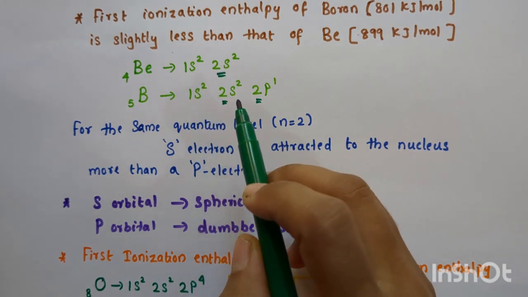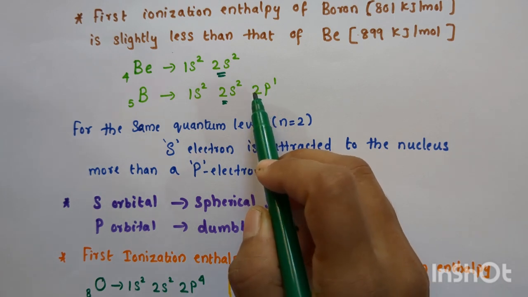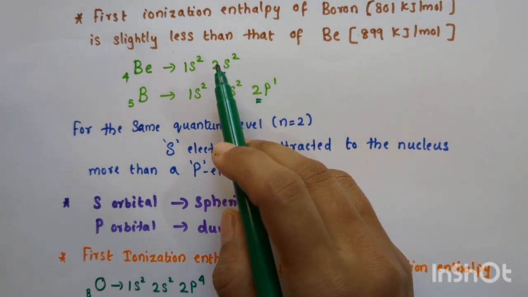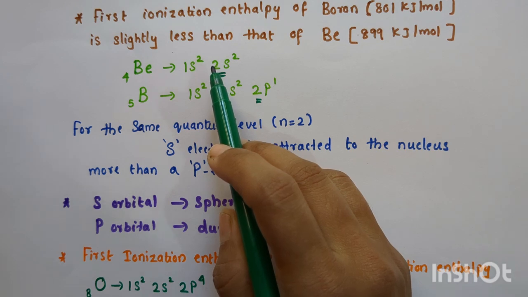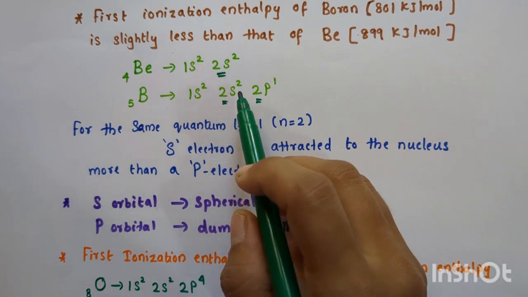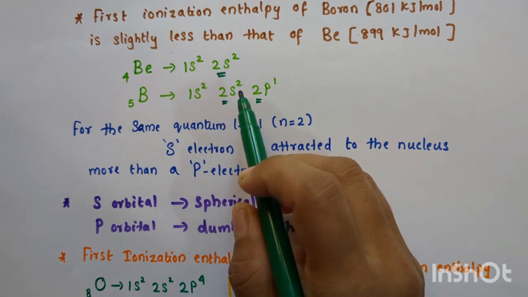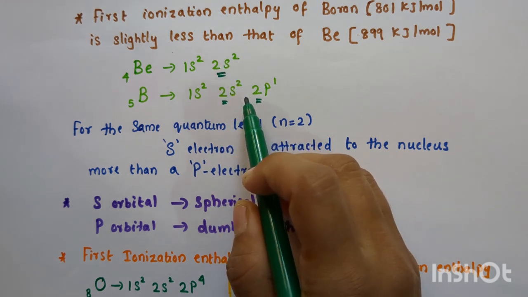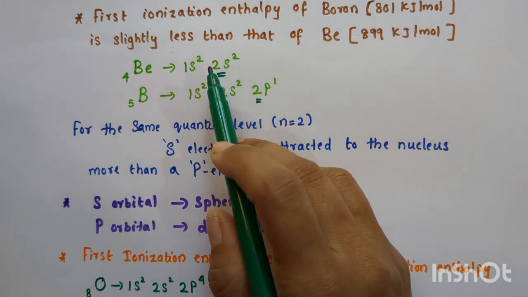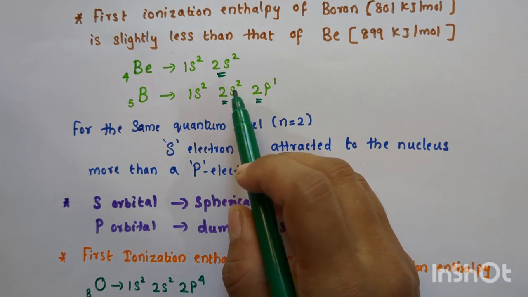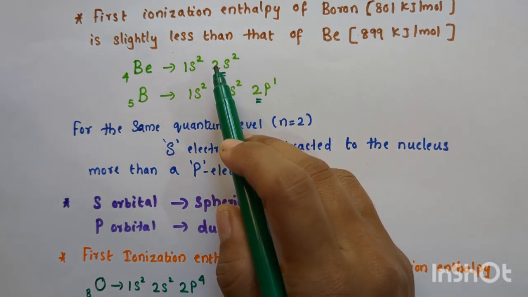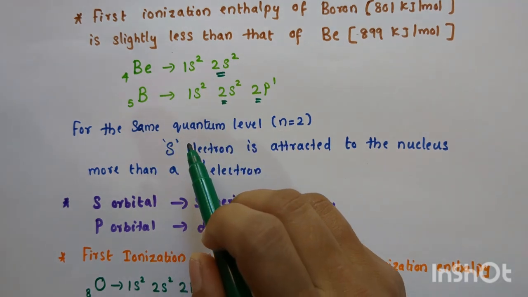Therefore, it is easier to remove the 2p electron from boron compared to the removal of a 2s electron from beryllium. So you see, it is easy to remove a 2p electron from boron than beryllium, which means boron has smaller ionization enthalpy than beryllium. That is, less energy is required to remove an electron from boron when compared with beryllium. Okay.